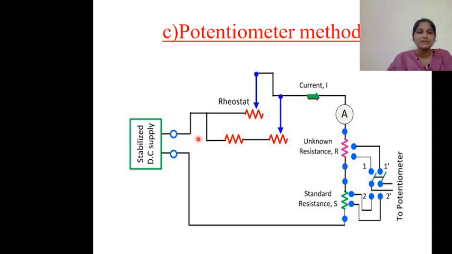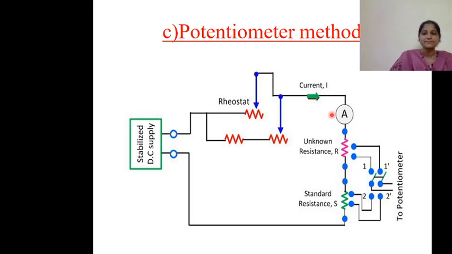And here you are using a stabilized DC supply. Stabilized DC supply means the supply will be constant. It will not vary. There will not be any fluctuations in the supply voltage. So this stabilized DC supply is passed through the rheostat. Here this rheostat is used to vary the current flowing through the circuit, that is the ammeter.